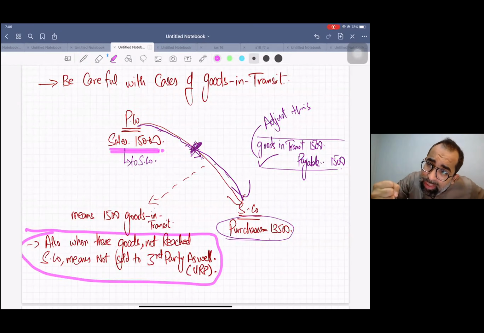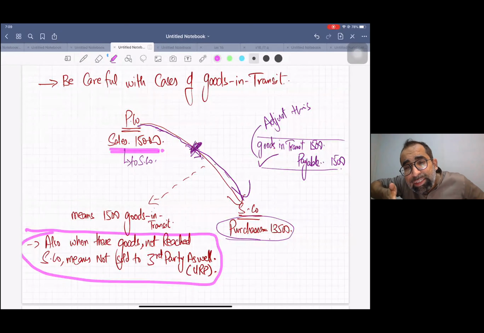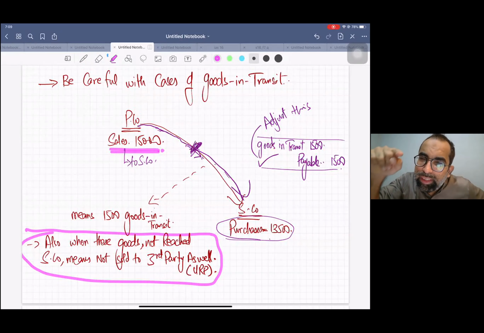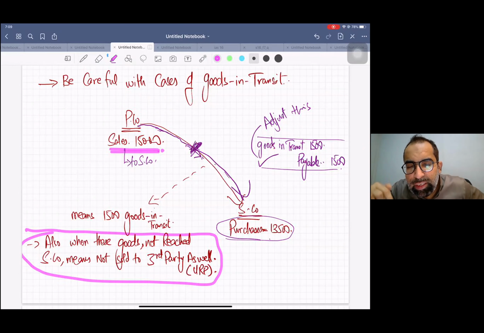First S company will receive, then S company will transfer to somebody else. So how is it possible that these goods are sold? So definitely these goods contain URP. Whatever profit is included in these goods is total URP. So you need to calculate URP and adjust.